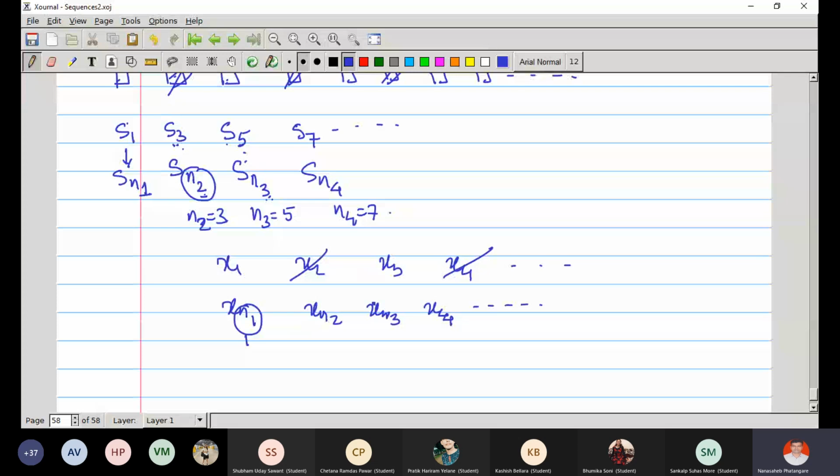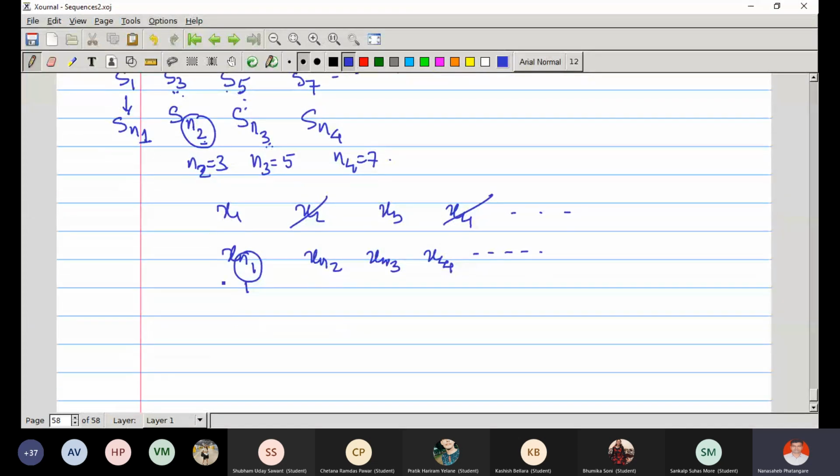All even positions are deleted, and whatever is left is my new subsequence. Right? Now you tell me what n1 is. What is the first term in the subsequence? x1. So n1 is 1.